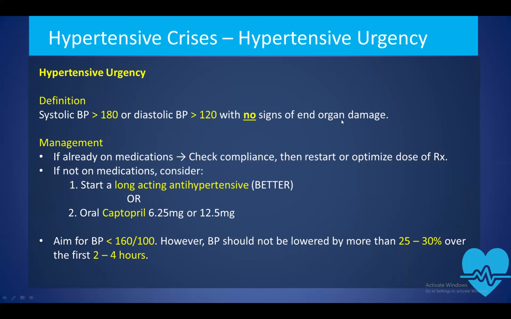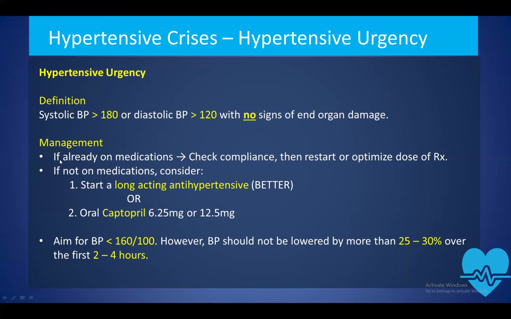So, the basic difference between hypertensive emergency and hypertensive urgency is the presence or absence of end organ damage. If no signs of end organ damage, hypertensive urgency. If there are signs of end organ damage, then it is hypertensive emergency.